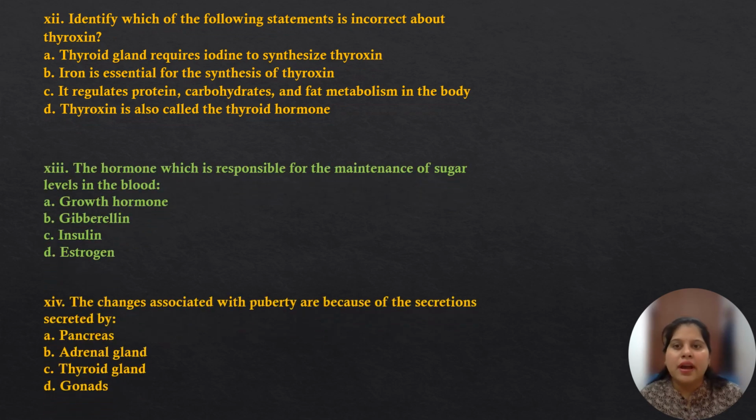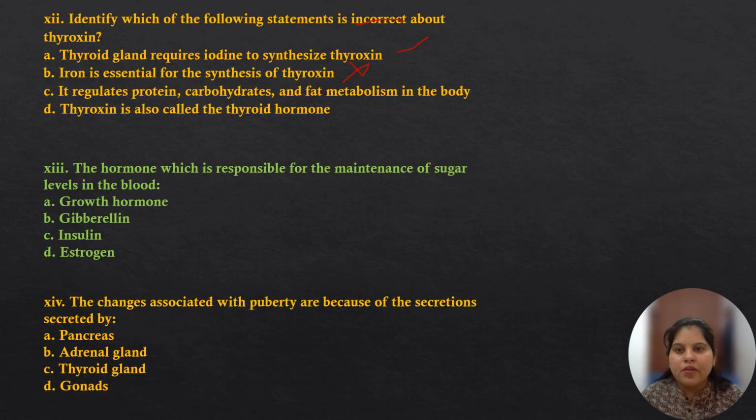Next question. Identify which of the following statements is incorrect about thyroxine. You have to tell the incorrect statement about thyroxine. So the thyroid gland requires iodine to synthesize thyroxine. Yes, this statement is correct. Iron is essential for the synthesis of thyroxine. No, this statement is wrong.